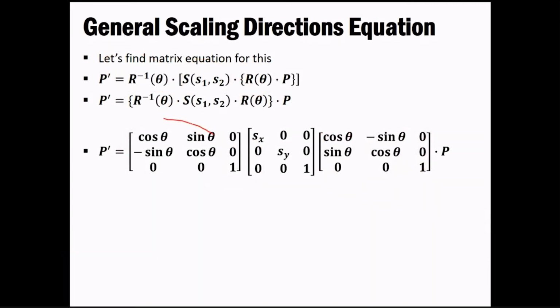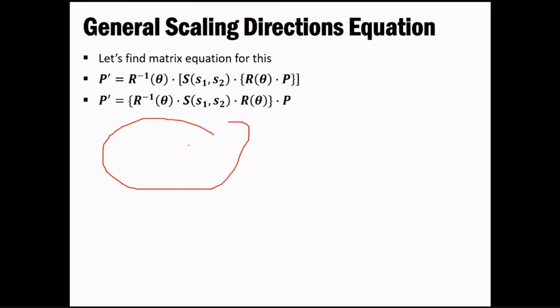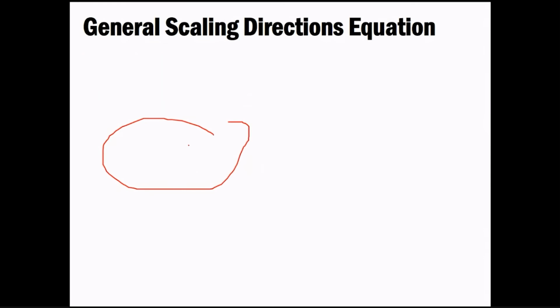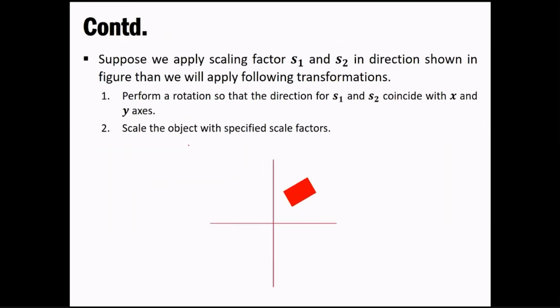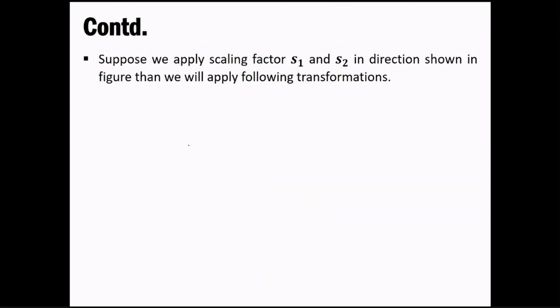If you want to take the inverse of this, you have to take this form. Compared to the previous example for translation, where we simply inverted it. Okay, fine. So this is the basic scenario that is given to us.